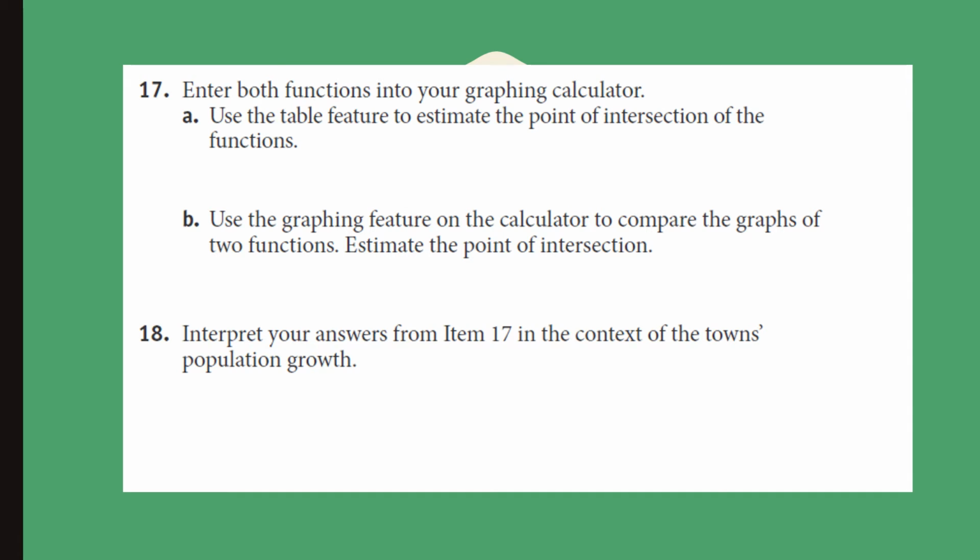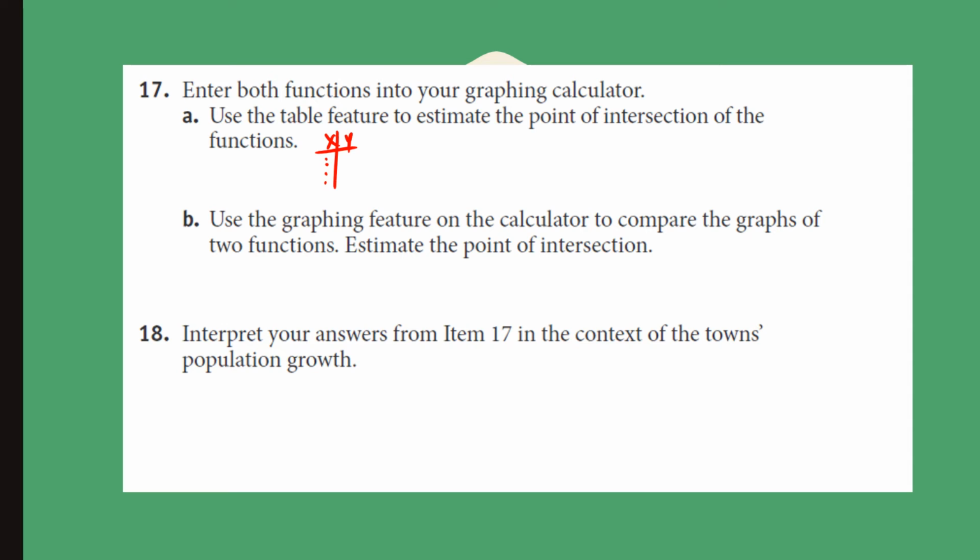So we didn't really use the table function, but if we did create a table and we plugged in a bunch of x's and got a bunch of y's for each of our functions, we would see that on the 14th year, f of x was still higher, but then on the 15th year, f of x was still higher, and then on the 16th year, g of x was higher.